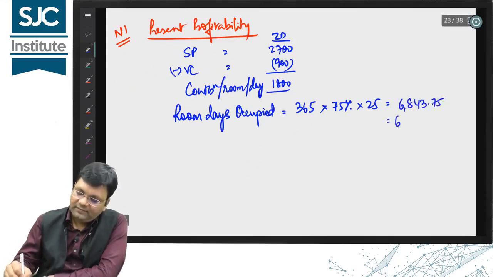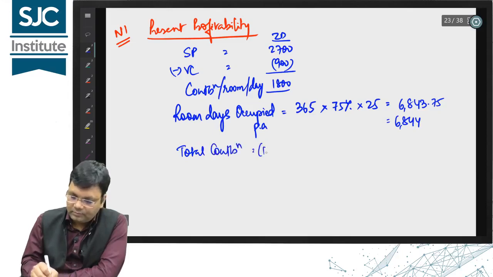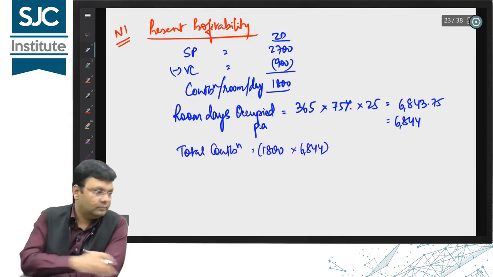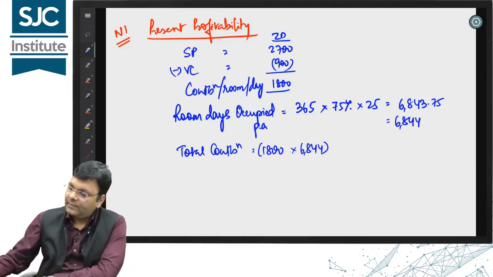So this is 6844 per annum. So we can find now total contribution, 1800 into 6844. What will it be?